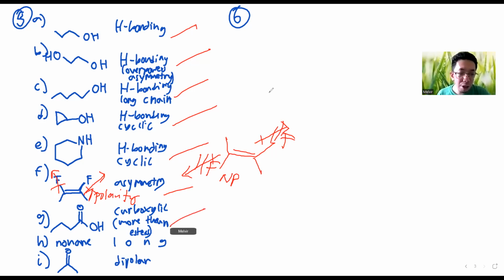Carboxylic, okay, correct ito. Dahil ito ay carboxylic acid versus sa isang ester, no? So carboxylic acids can provide more hydrogen bonding compared to your esters. Nonane versus hexane, longer. So ano naman kung longer, Josh?